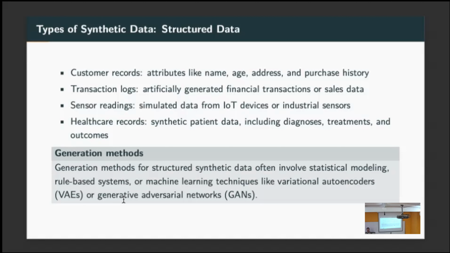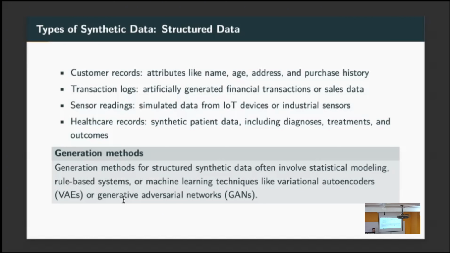Nevertheless, if I do, please correct me. But what we want is usually to try to mimic some real-world phenomena. And these real-world phenomena can be, many times, modeled by statistical properties. And so we want to generate data that somehow follows this statistical model.